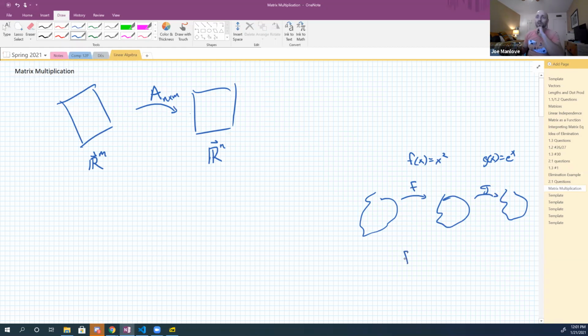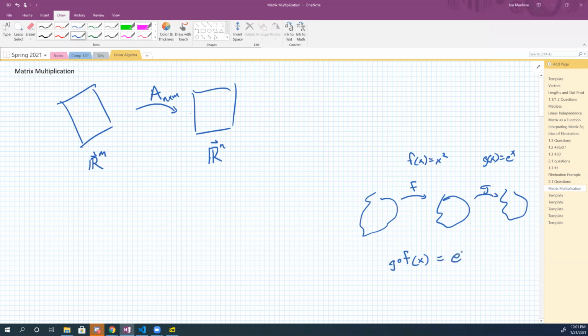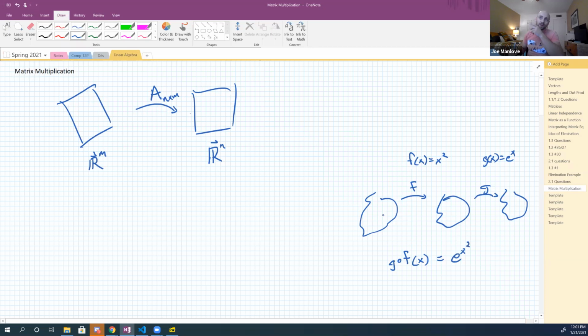In other words, what is g composed with f? e to the x squared. Good. One way you can think about that is start with an x here, apply f to it, you get x squared, and then do this to it, which means put it in the exponent of an e, so you get e to the x squared, and so x goes to e to the x squared. You guys all with me on that function composition model?